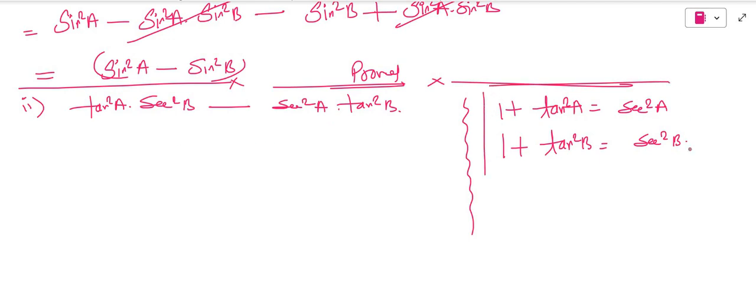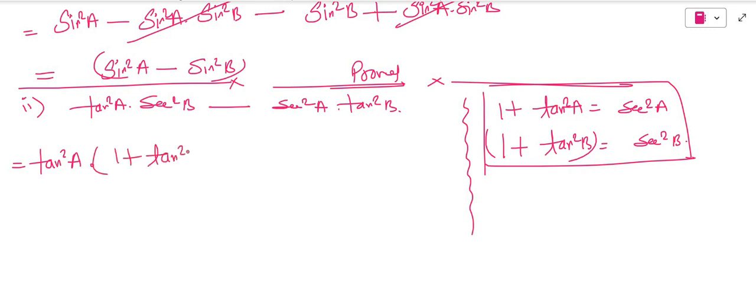So I will use these two formulas here. Let me write tan square A sec square B, where sec square B is 1 plus tan square B, minus, what is sec square A? 1 plus tan square A, into tan square B.